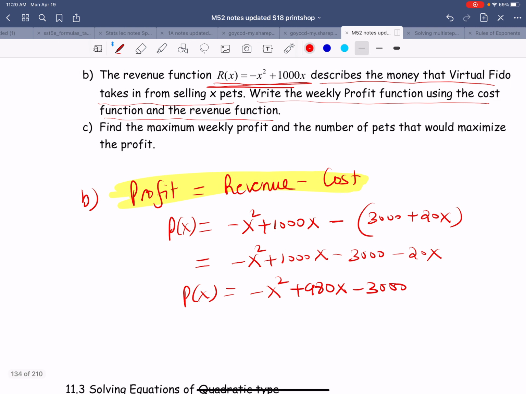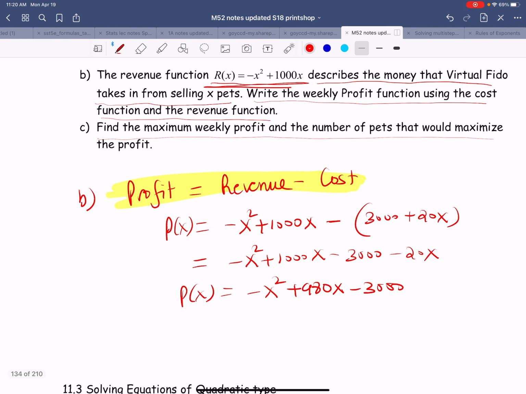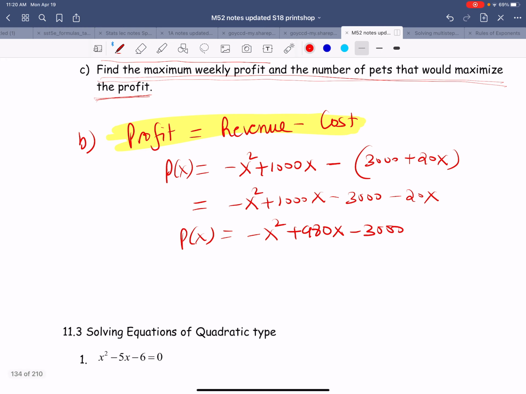Next, find the maximum weekly profit and the number of pets that would maximize a profit. So to answer this question, you have to have a little bit of information on the graph of quadratic function. So your quadratic function parabola looks like this.